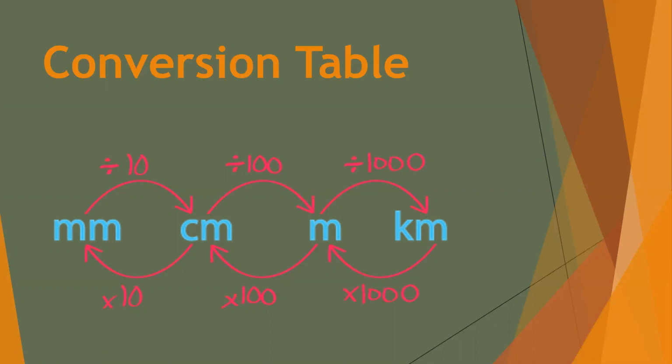So you're going to need to sometimes change centimeters into meters and vice versa. So this table gives you a very good example showing you how you can go between each unit to help you to get those like units. You want to compare apples to apples and oranges to oranges.